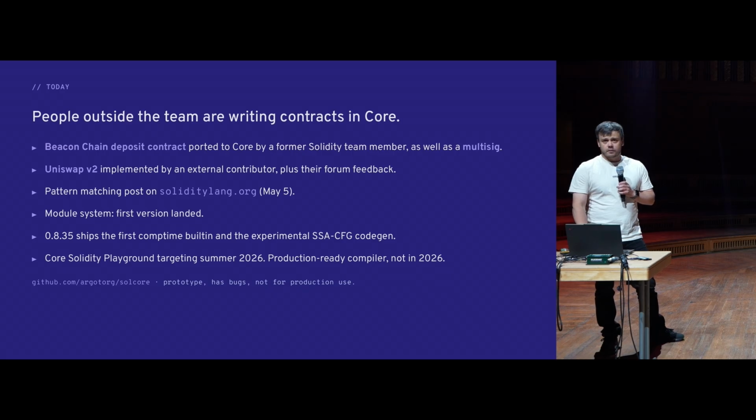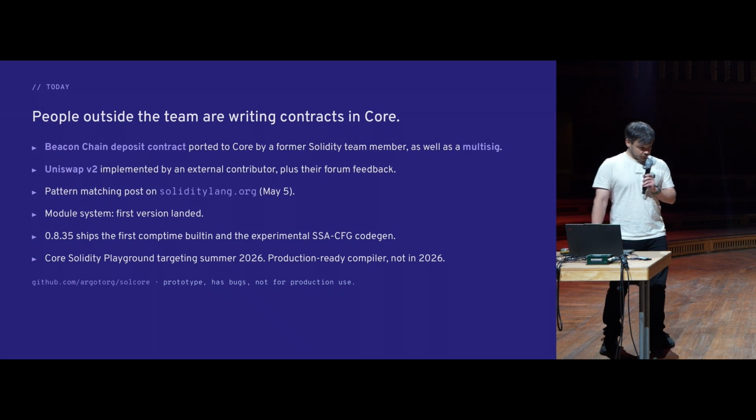We also have recently released a blog post about pattern matching in Core Solidity, which is quite interesting, I would say. And if you're not too familiar with pattern matching, it's definitely worth a read, especially if you're a Solidity developer. We also recently merged our first version of the module system in Core Solidity.